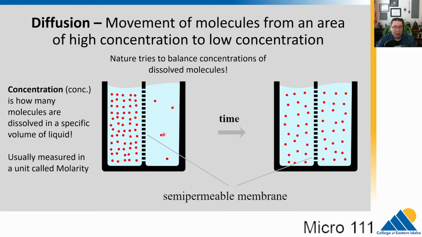So over time, diffusion will occur because nature tries to balance the concentrations. It wants them to be equal on either side. So molecules will move from high concentration to low concentration. So over time, they diffuse across, and now the concentrations are equal. You might not have a great idea of this in your everyday life, but I guarantee that you have seen this before.